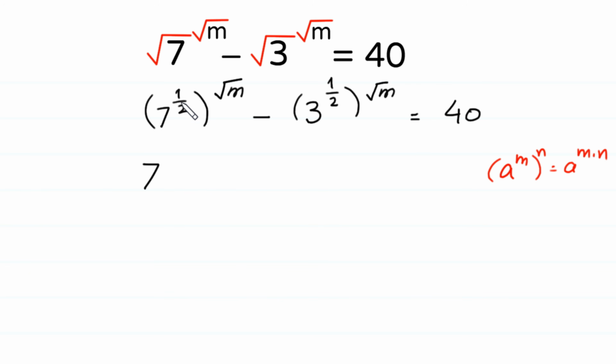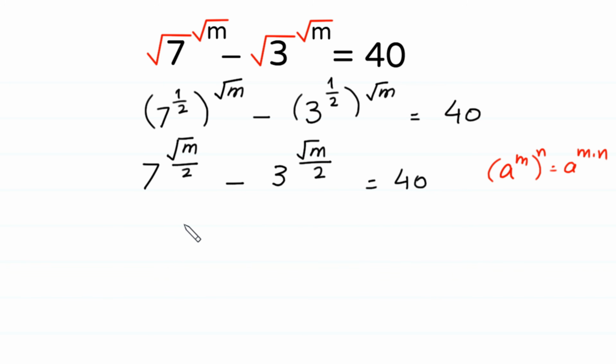7 to the power 1 over 2 times square root of m, square root of m over 2, minus 3 to the power 1 over 2 times square root of m, square root of m over 2, is equal to 40. Now here we have square root of m over 2 and here we have square root of m over 2.